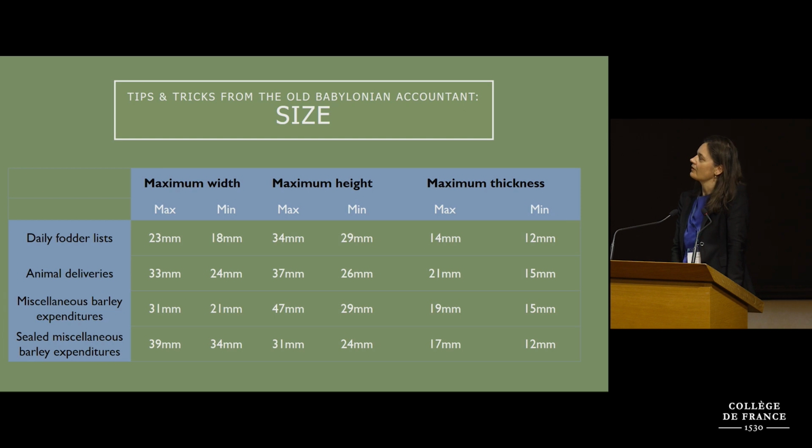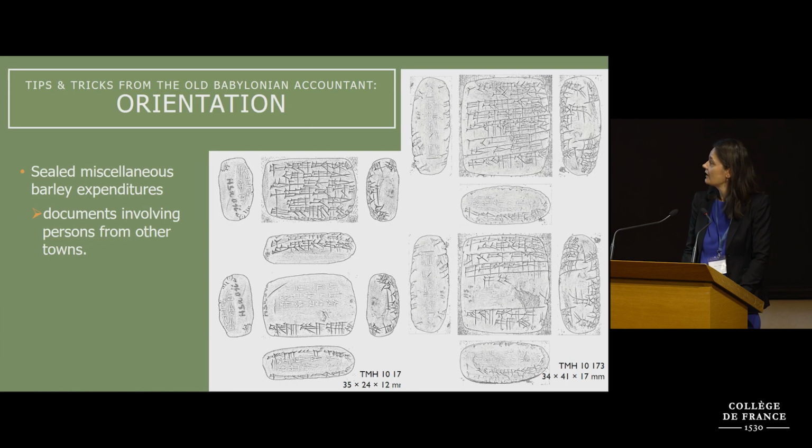The size of the obverse and the reverse is more flexible, except for the daily fodder lists. That's also something that speaks for itself. It's always more or less the same range of animals that receive, so we have the same number of entries that we have to take into account, and that is not the case with the miscellaneous barley expenditures.